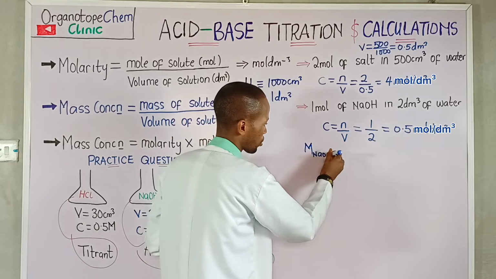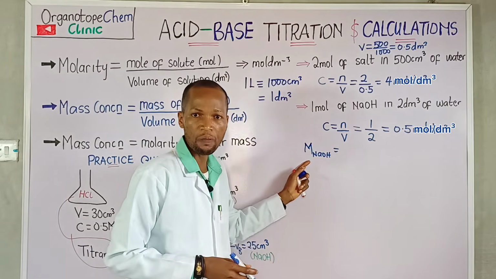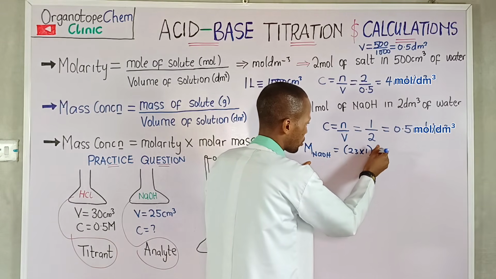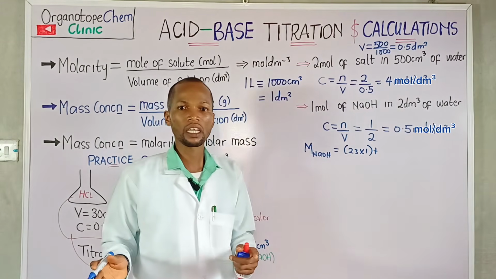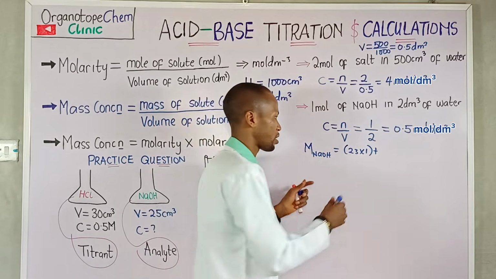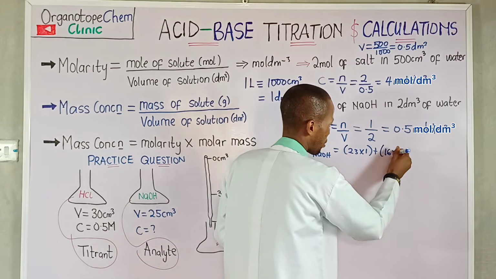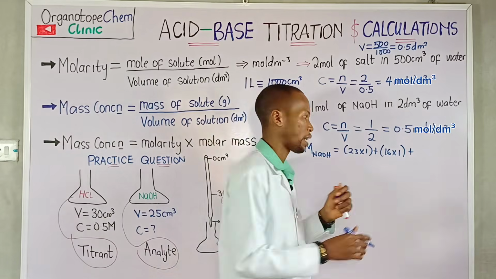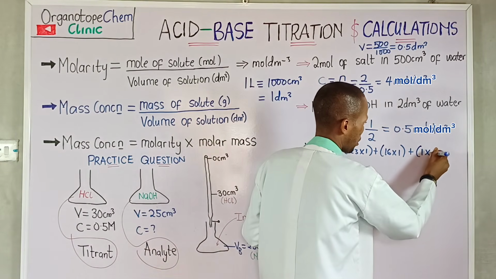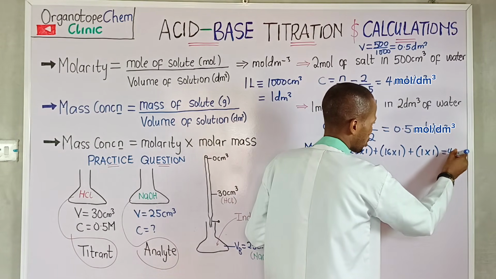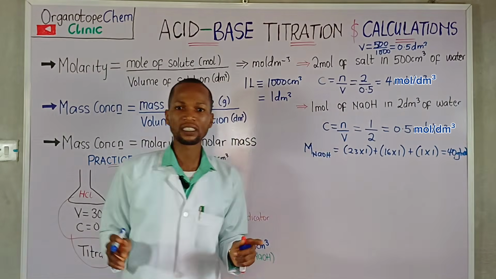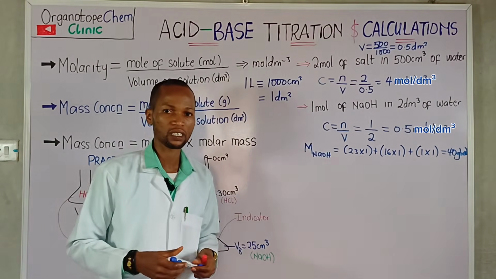We have the atomic mass of sodium is 23 times 1, plus the atomic mass of oxygen is 16, so 16 times 1. Also, the atomic mass of hydrogen is 1, so 1 times 1. So this will give us 40 gram per mole. That is the molar mass of sodium hydroxide.